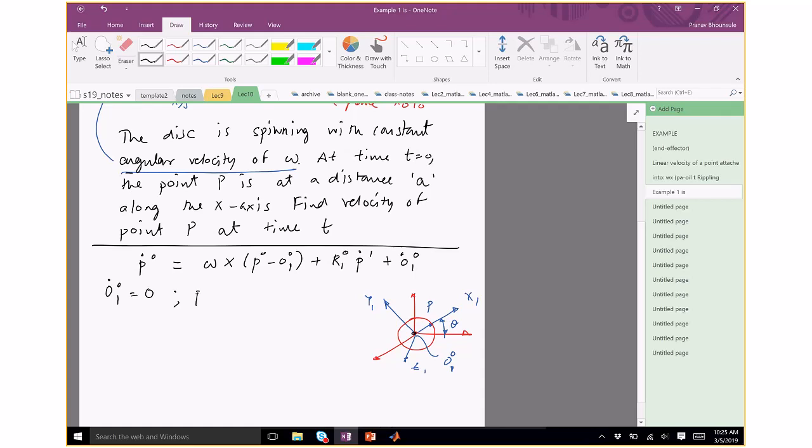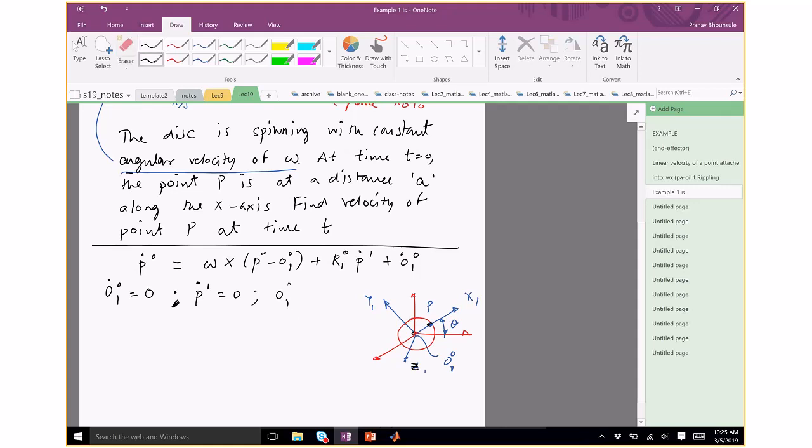P dot 1, which is the linear velocity of point P in frame 1, is also equal to 0 because point P is fixed on the disk. If it was not fixed on the disk, it would be moving at its own speed. Let's say it was moving this way, then its speed would be whatever the speed is along x1, but that's 0. And then what else?